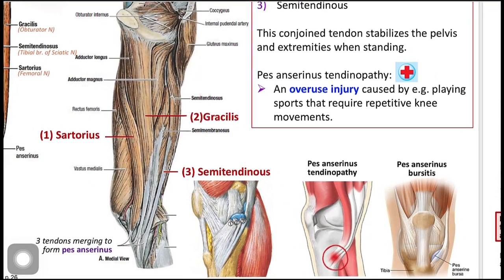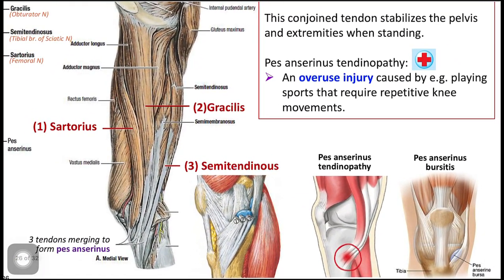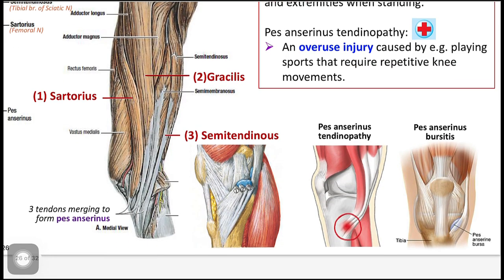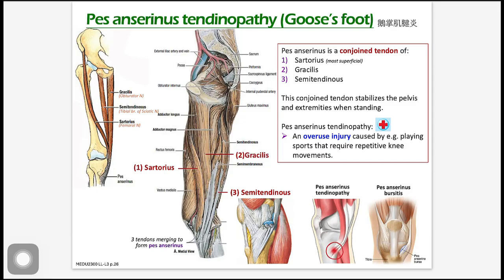Because these muscles and tendons, through muscle contraction, help to stabilize the pelvis and extremities when standing. Very active sportsmen, or those who like to hike or have repetitive knee movement, may complain about pain.